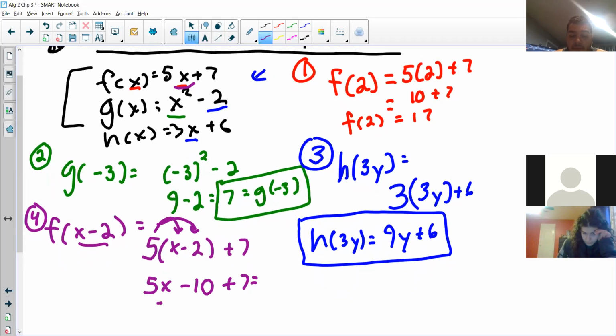Combine like terms: 5x minus 3. So notice I could plug in numbers, symbols, a whole lot of expressions into any of these equations.